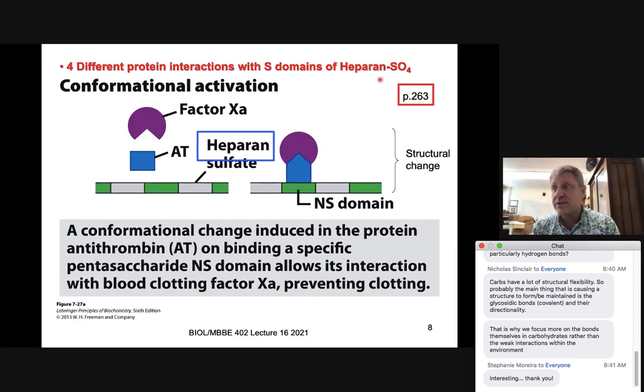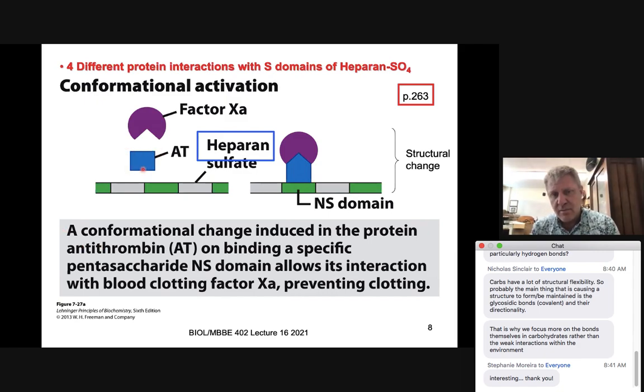With that conformational change, we get the attachment of the protein, which acts as an anchor on that NS domain, the sulfonated domain, and then allows the antithrombin component to bind specifically on these individual carbohydrate domains.